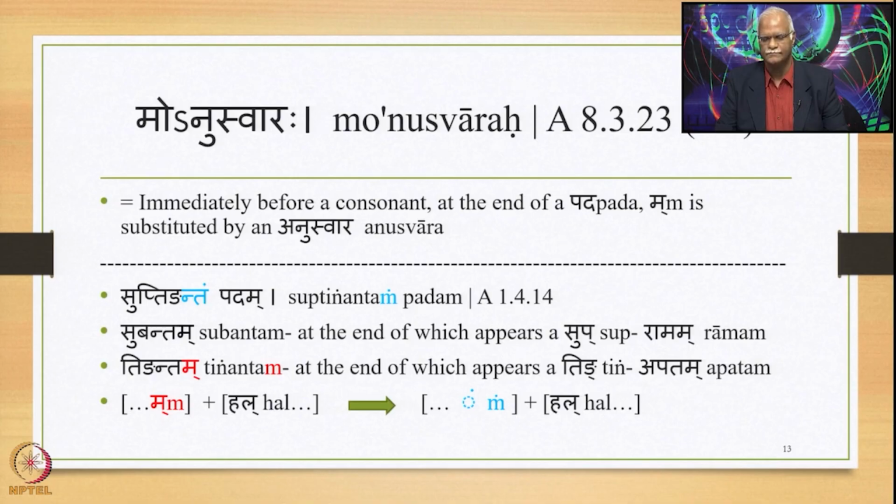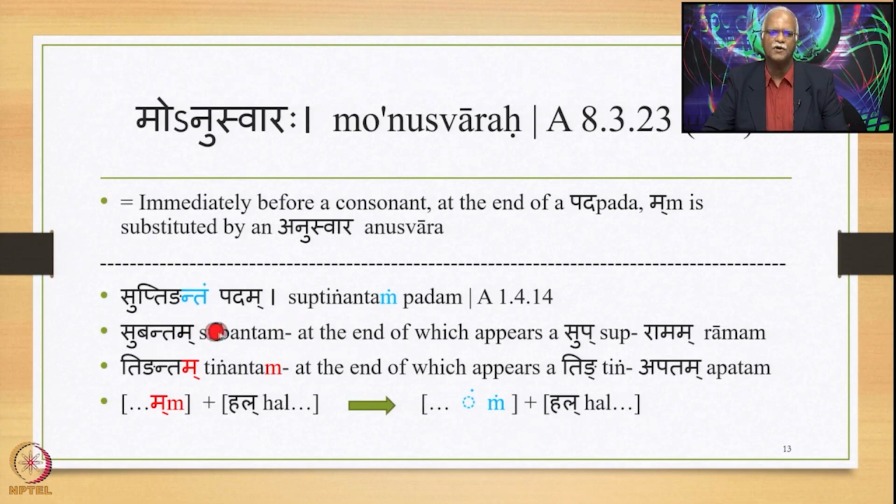And so now, if there is a Hal that comes immediately after this Ma, so if you have Ma plus Hal over here, then 8.3.23 applies and converts the Ma into an Anuswara. The dot on top of the line, and Hal remains as it is.